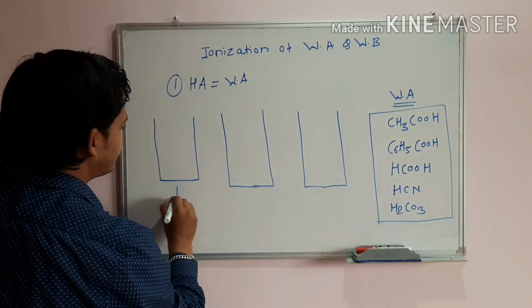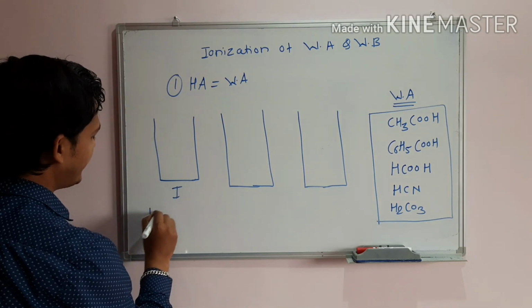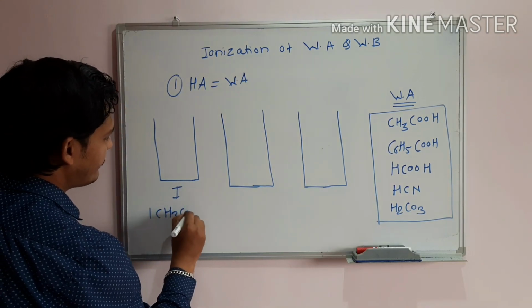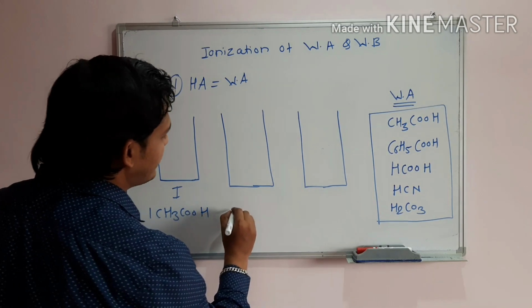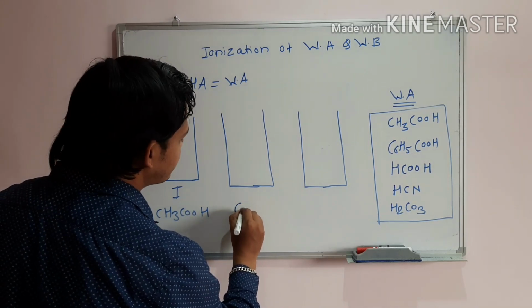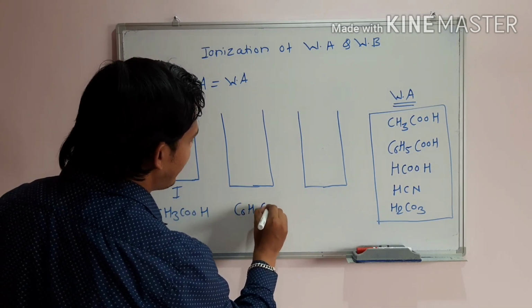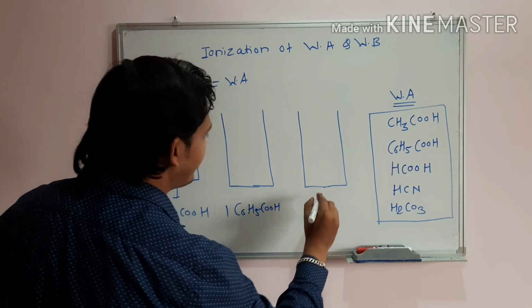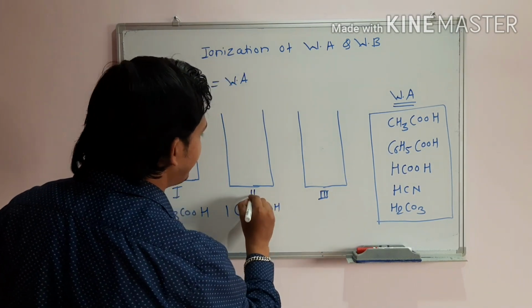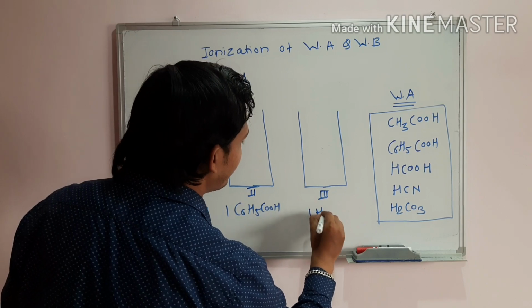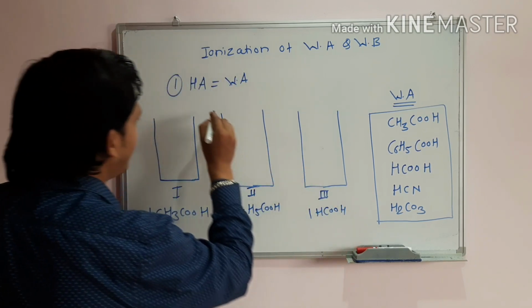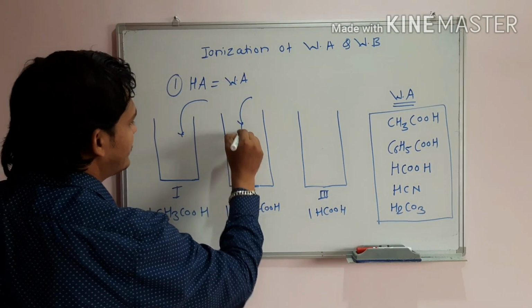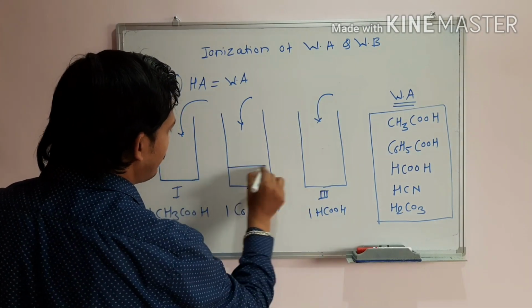Beaker number 1 contains 1 mole of acetic acid. Beaker number 2 contains 1 mole of benzoic acid. Then beaker number 3 contains 1 mole of formic acid. So I am adding 1 mole of each to the respective beaker.